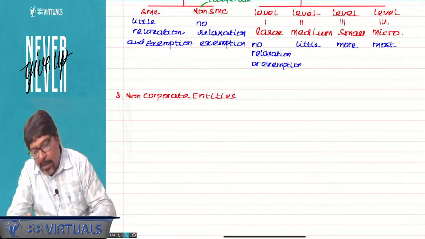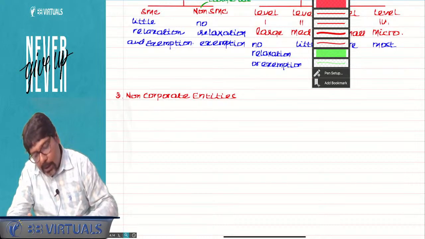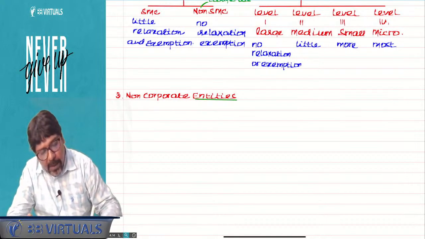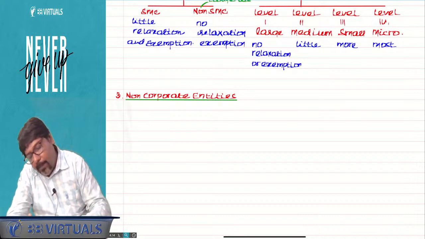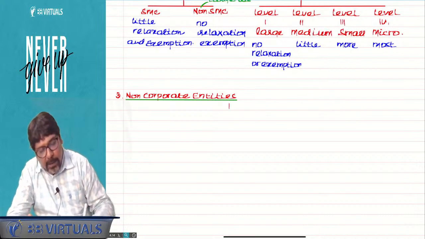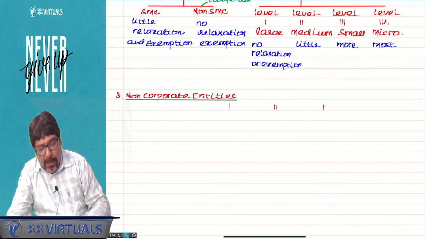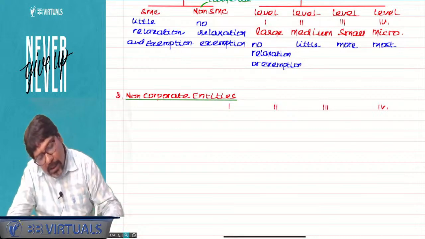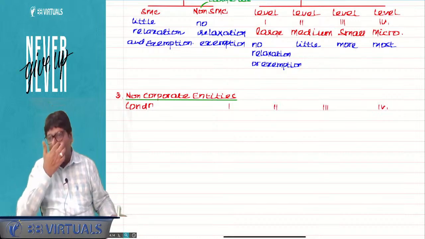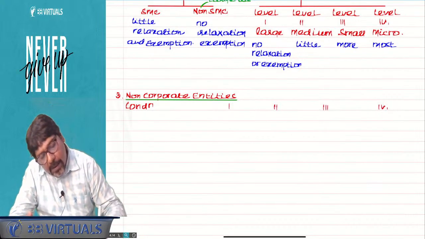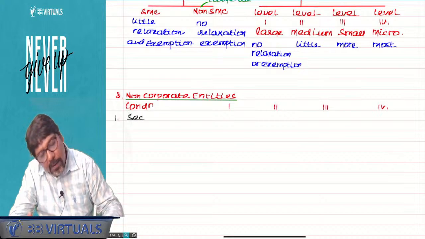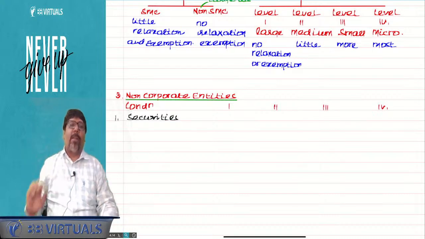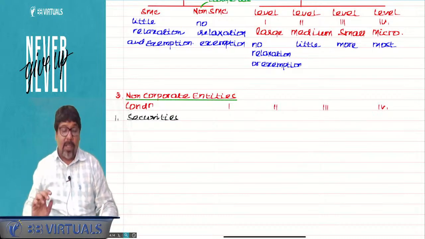Non-corporate entities में chartered, level 1, level 2, level 3, level 4. Now the conditions. What conditions do you fulfill so you become level 1? First condition is regarding securities. Securities means shares, debentures or bonds.